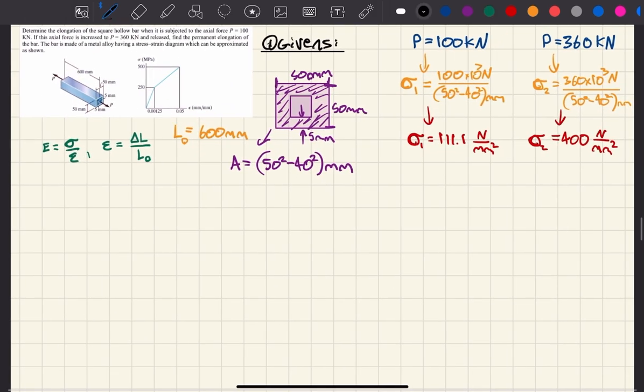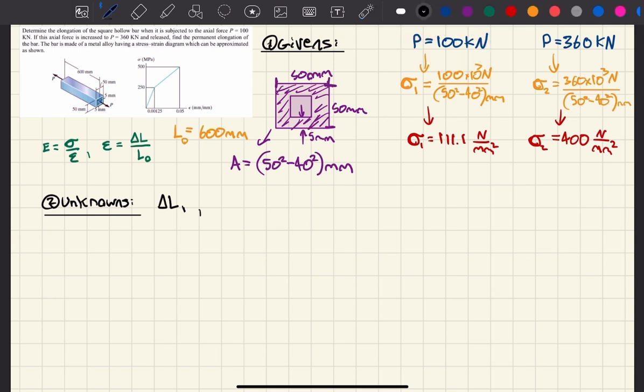Okay, unknowns. What are we looking for? We are looking for delta L for case 1, and we'll just call it delta L1, basically when P is equal to 100 kilonewtons and we let go.